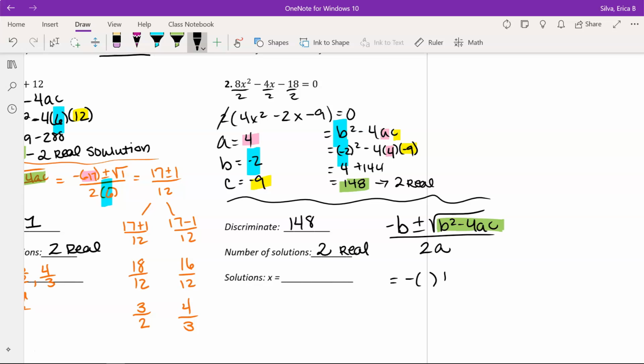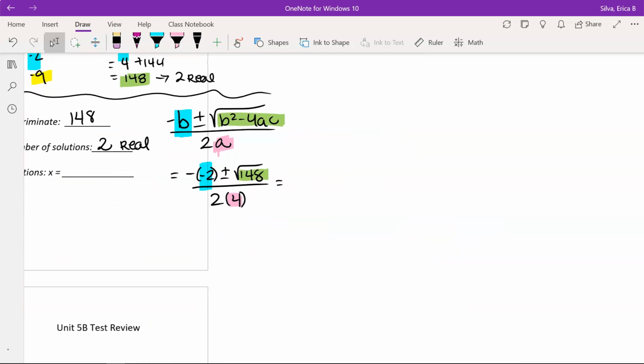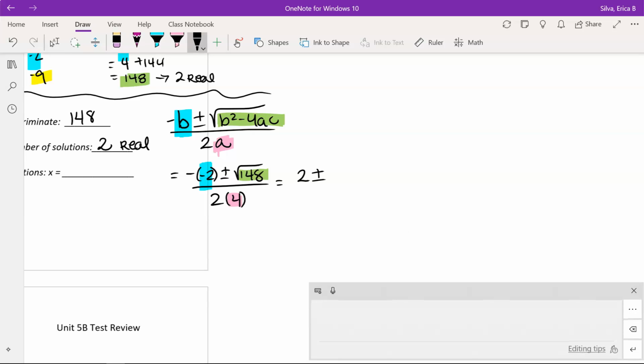So we get negative b, set up your parentheses, square root of 148 divided by 2 times a. Your a is 4, and then your b will be negative 2. Again, inside the parentheses, exactly the way it is. Negative 2 is a positive 2 plus or minus the square root of 148 divided by 8.